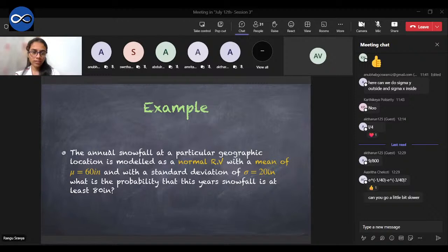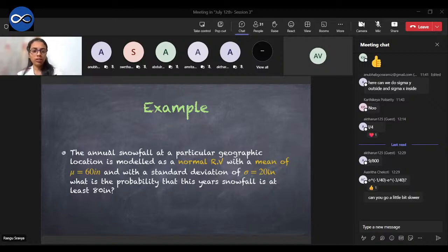So, last example: the annual snowfall at a particular geographic location is modeled as a normal random variable with a mean of mu equal to 60 inches and a standard deviation of sigma equal to 20 inches. What is the probability that this year's snowfall is at least 80 inches?